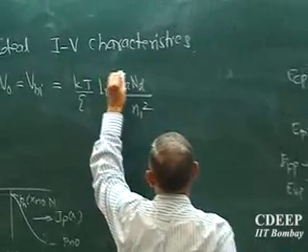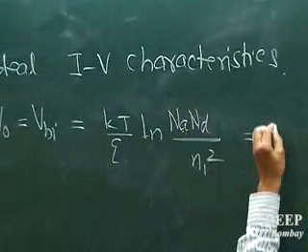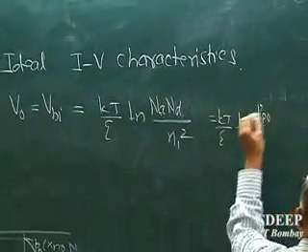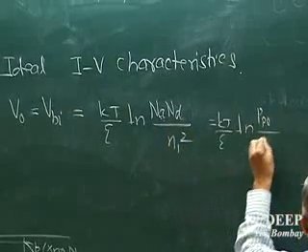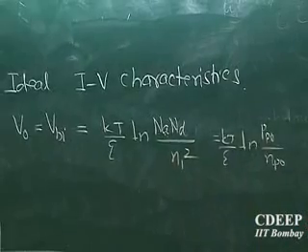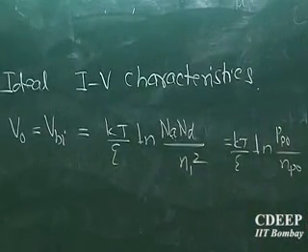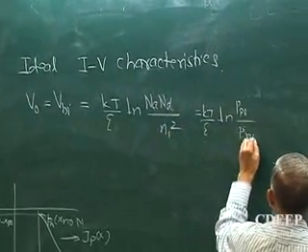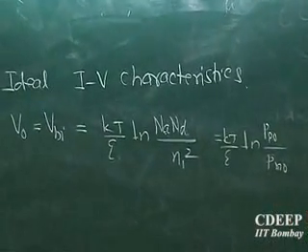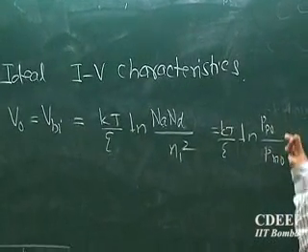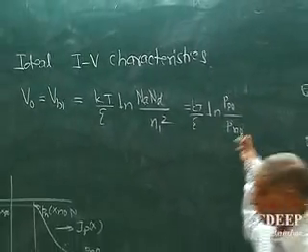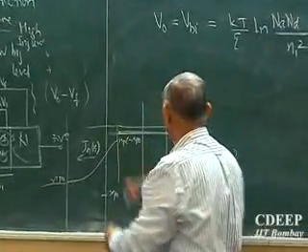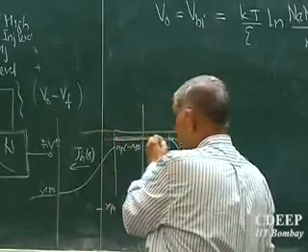On the P side, kT by q ln(p_s of p0 ... N_i squared by N_d is p_s of n0.) Sorry, very good. So I anyway see p_s of p0 can be related to p_s of n0. Now if I say whatever is happening here is constant, so whatever is here is same as here.